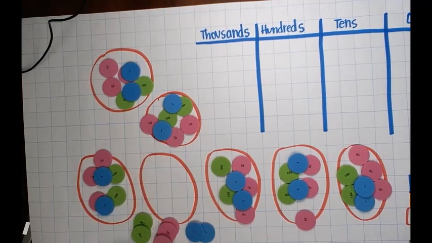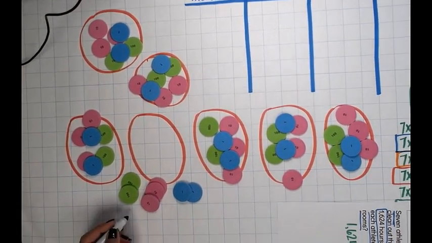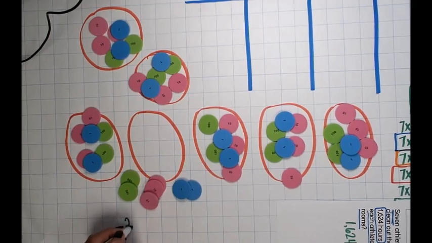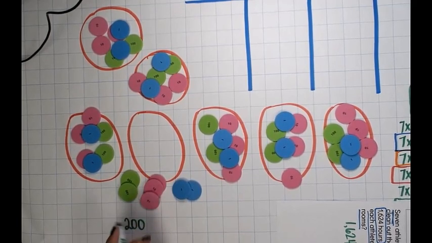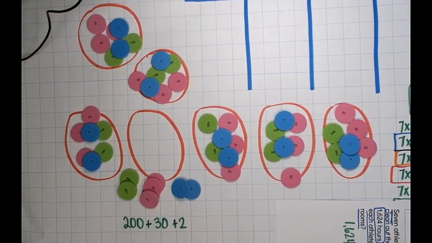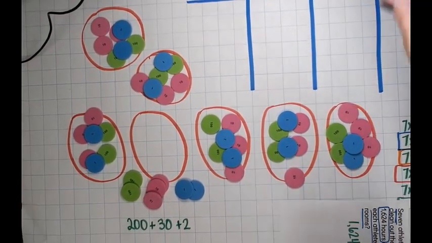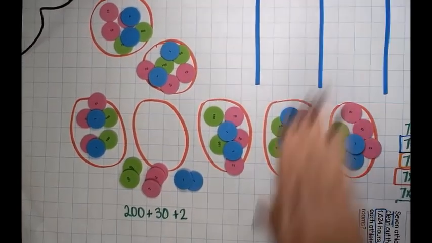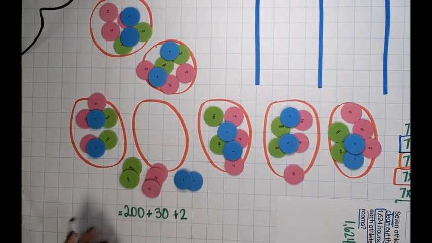So I'm going to write that out as 2 hundreds plus 3 tens, which is 30, plus 2 ones. Now I'm going to compose these values. 200 plus 30 plus 2 is a total of 232 hours.